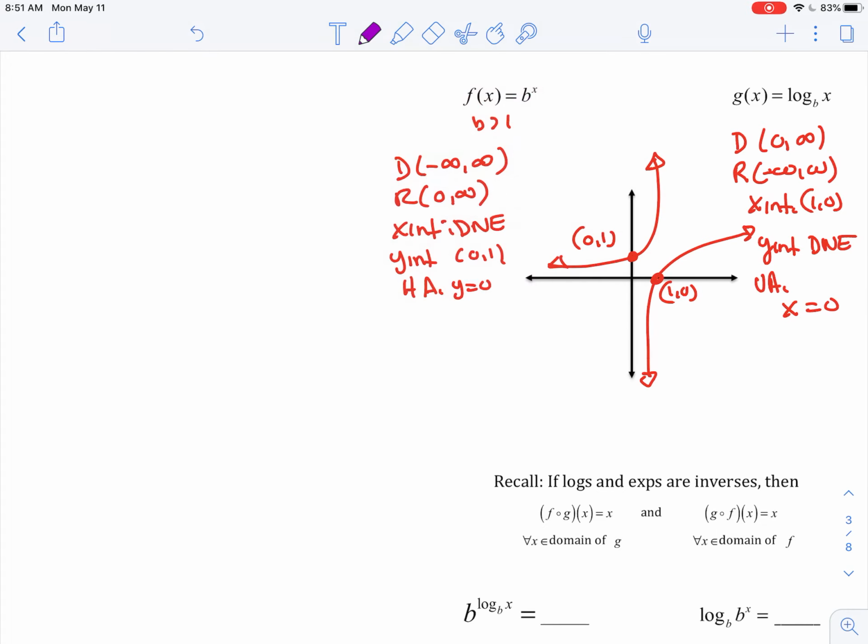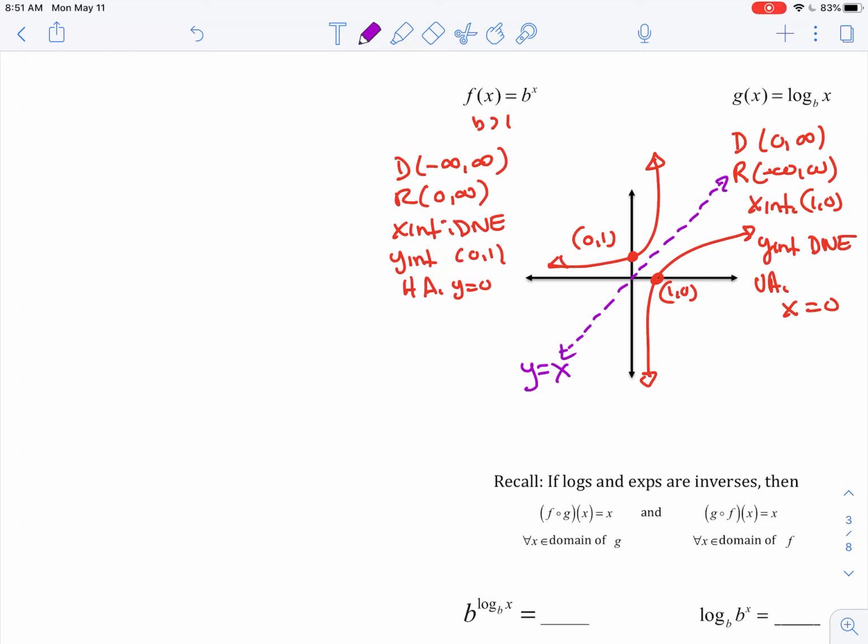And if you remember just anything from Chapter 5, recall that your exponentials and your logs are inverses of each other. They are symmetrical over the line y equals x. Okay, that is the relationship between those two.